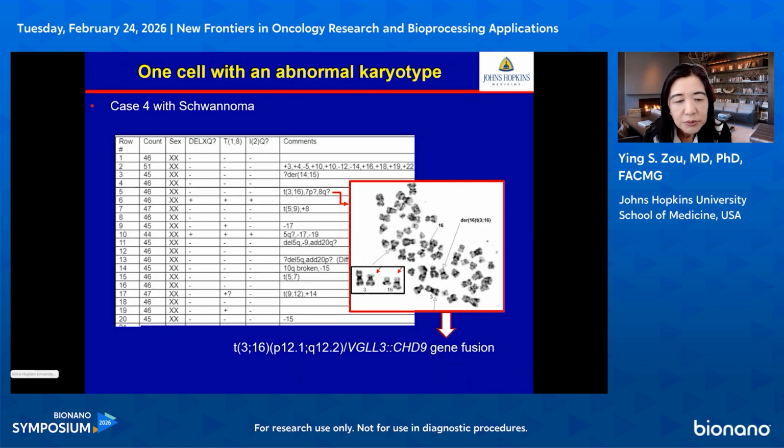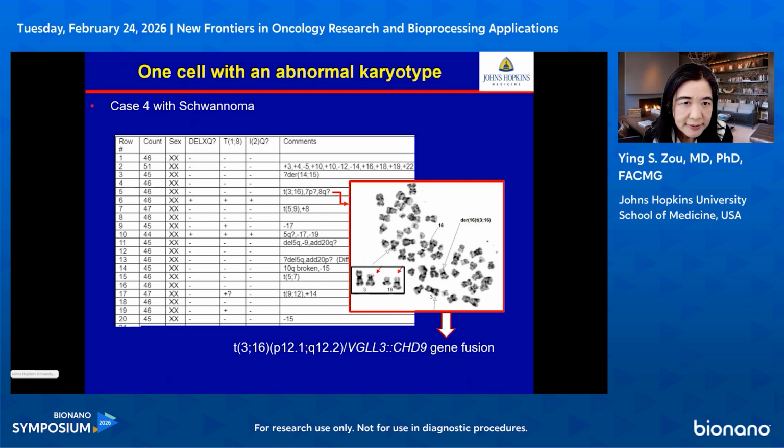So when we did a retrospective review of the karyotyping analysis, we realized the 3 and 16 translocation was observed in 1 out of the 20 cells analyzed, but was not reported because it was thought to be an artifact of the culture.